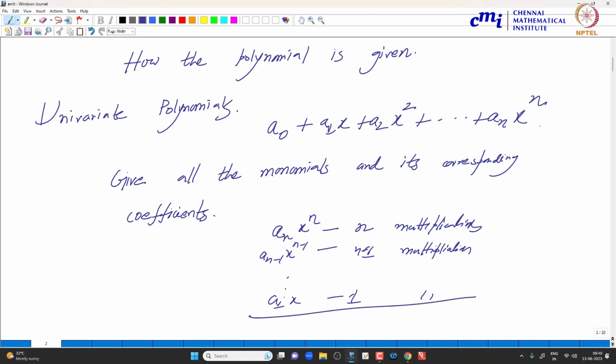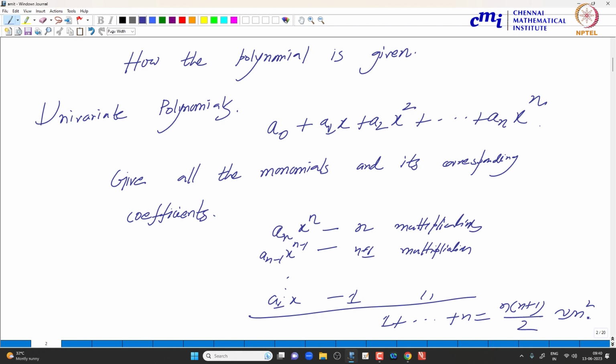In total, that would have been roughly n square many multiplications, right? But you can actually compute it using just n multiplications.